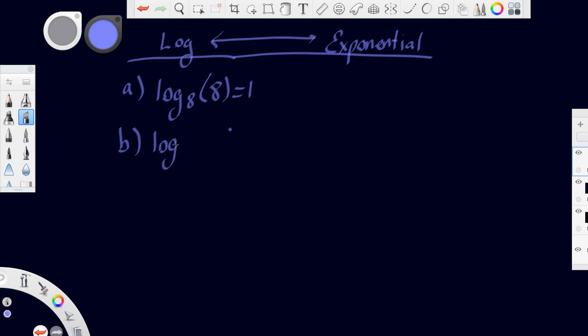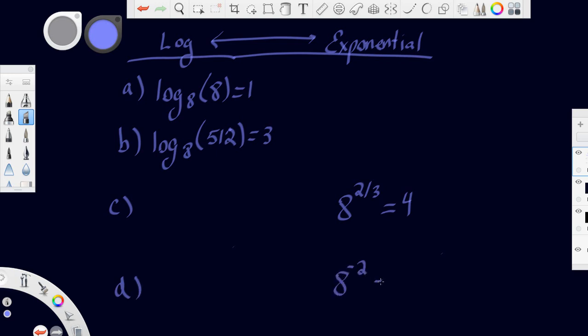Let's say we have log base 8 of 512 equals 3. And let's say that we have 8 to the 2/3 equals 4. And let's say that we have 8 to the -2 equals 1/64.